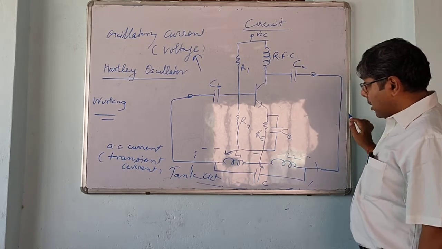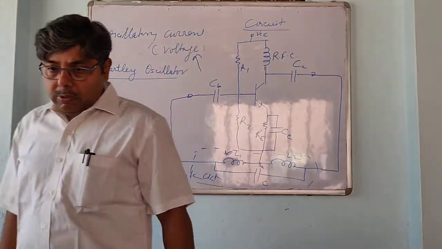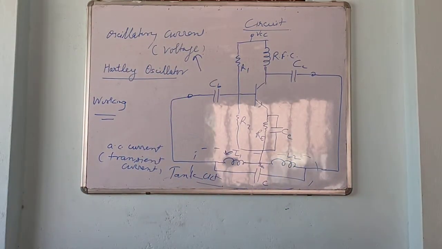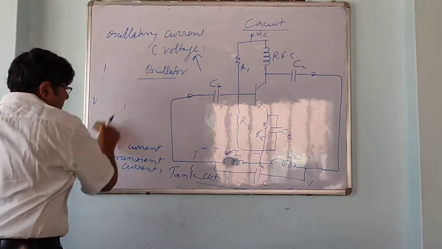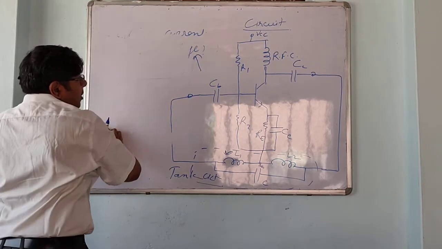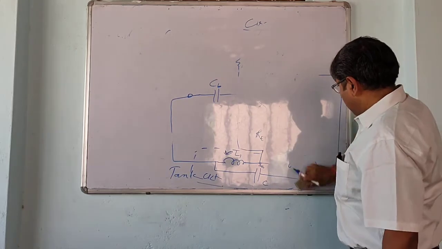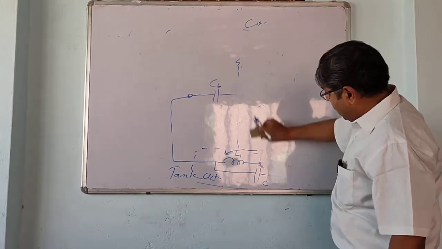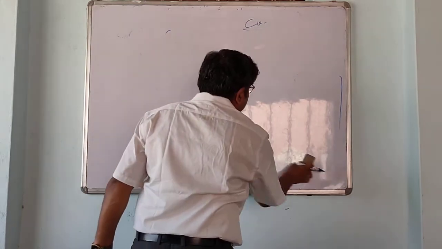So feedback is established between output and input through this network. Now we can find the frequency of oscillation for this Hartley oscillator using a transistor.